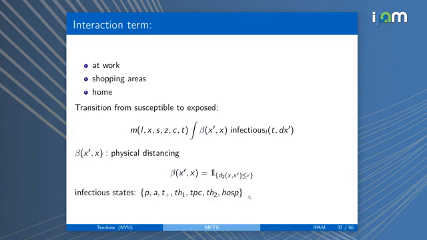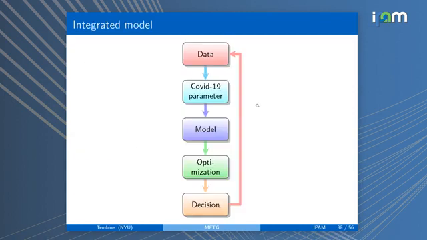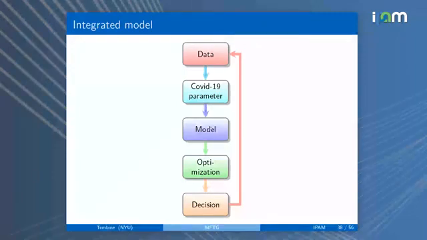So these are the infectious states, and they appear here. You need to consider them. And for beta, we need to add some interaction term. Right now, we are just counting over a ball, so the L2 distance.